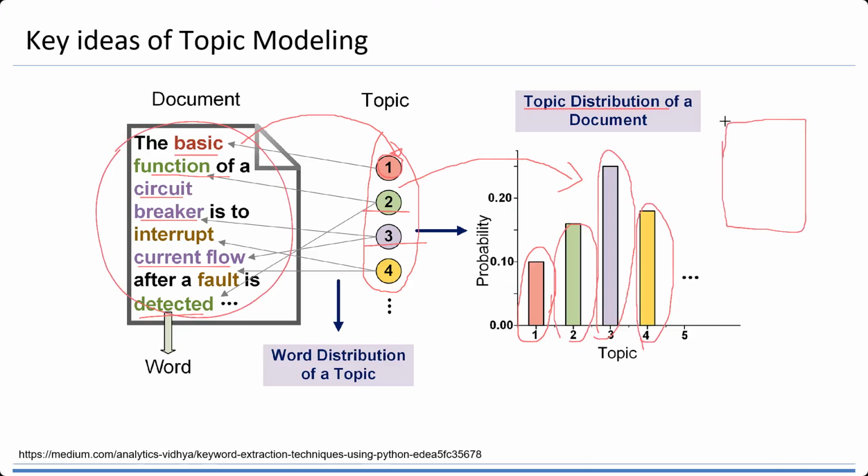Let's say we have a new document. Then we can check this new document. If it belongs to topic 1, what is the probability? If this new document belongs to topic 2, what is the probability? If this document belongs to topic 3, what is the probability, and so on. The highest probability of this document will be assigned to that topic.